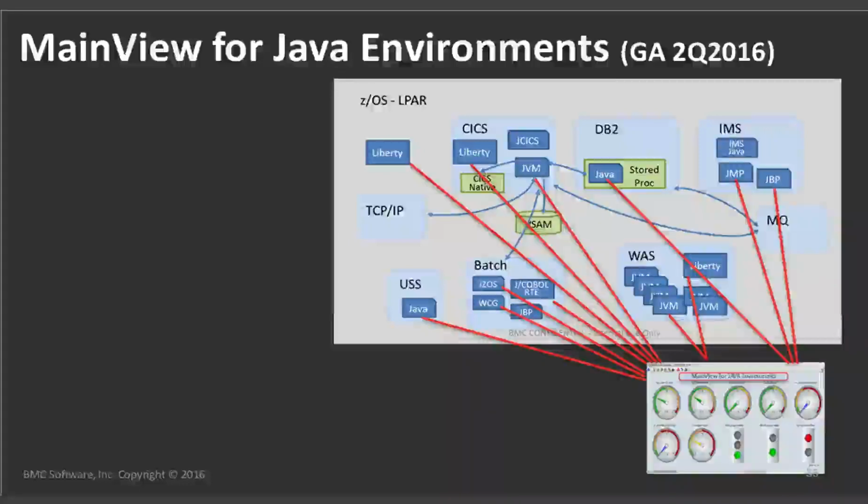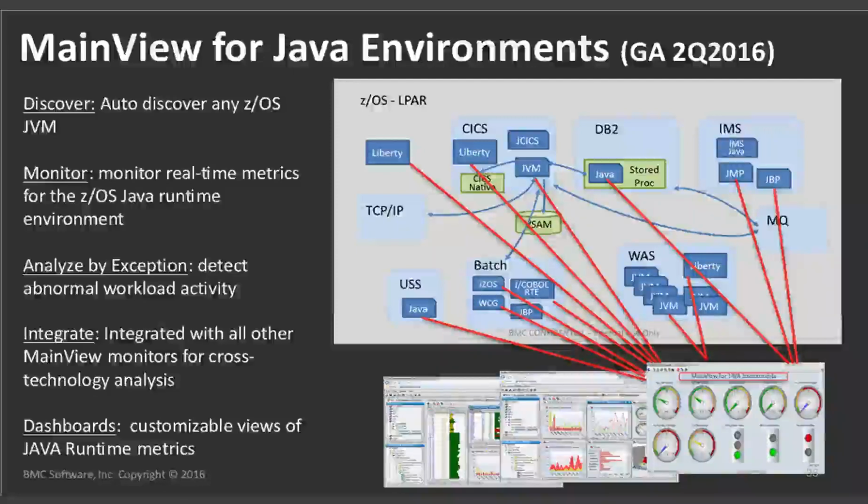So Mainview will go out and discover all of the JVMs, discover all of the Java that's out there running, and then monitor the real-time metrics for the Java environment, and allow you to use all of the functionality of Mainview, much of what I've talked about: the exception analysis, the alarm management, the ability to integrate across technologies.